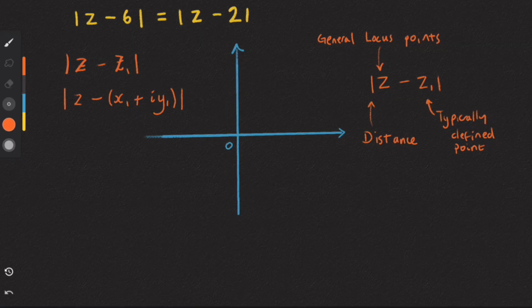And so to know what that point is that we're away from, we want to be looking at what the z is subtracting in terms of its real and imaginary parts. And those real and imaginary parts give us the coordinate, which is the center point of our argument. It's the point at which we are focused on for our loci. So with that said, let's break it down.